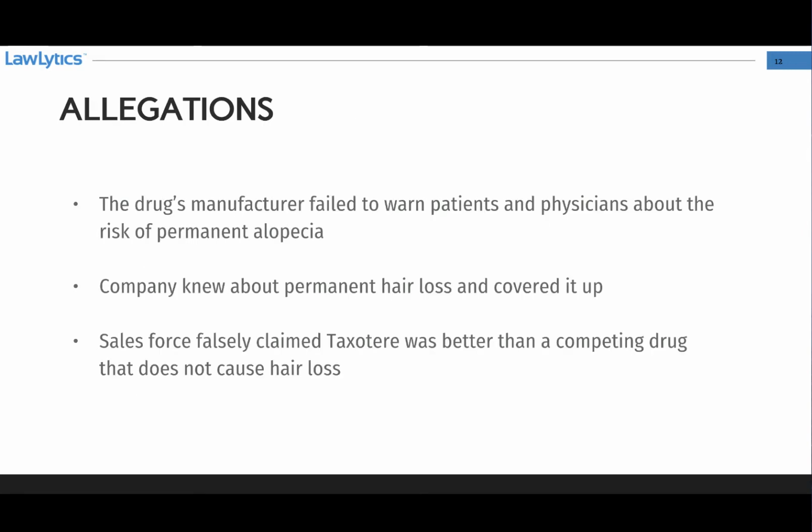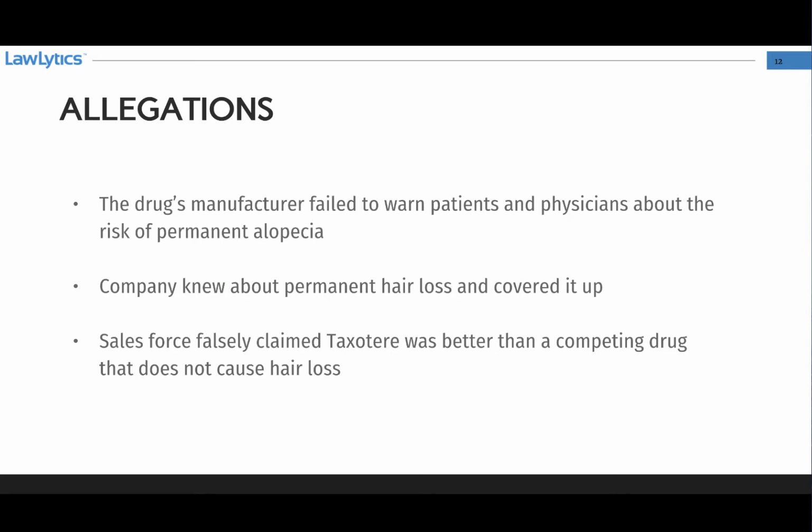The lawsuits allege that the manufacturer failed to warn patients and their physicians about the risk of permanent alopecia. It's also alleged that the company knew about permanent hair loss, but covered it up. And finally, the lawsuits allege that the sales force falsely said that Taxotere was a better drug than a competitor drug that did not cause hair loss.